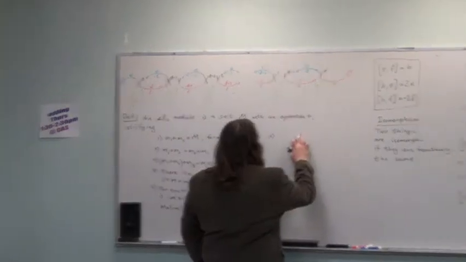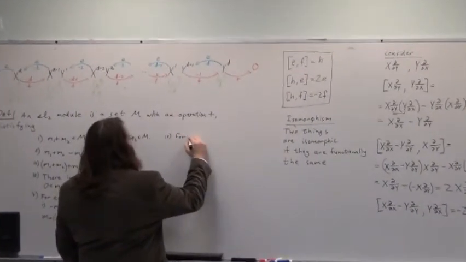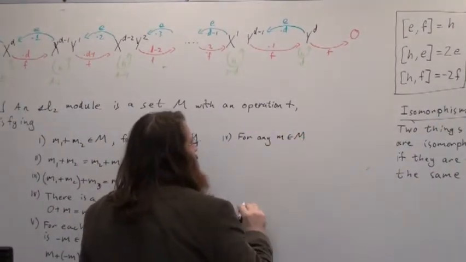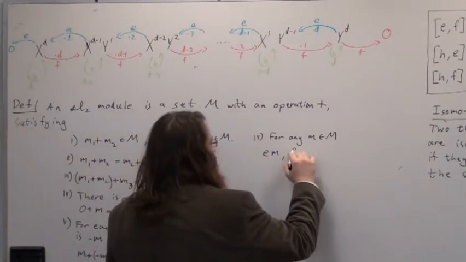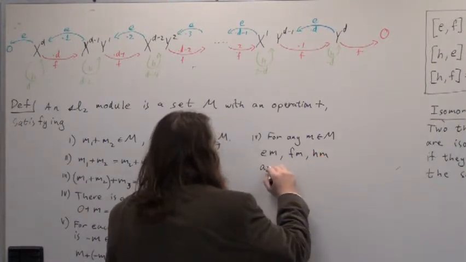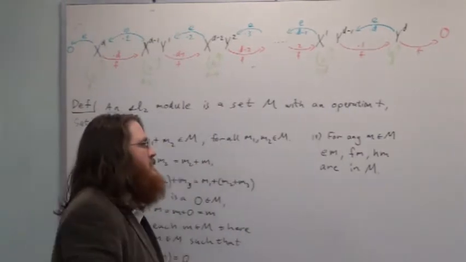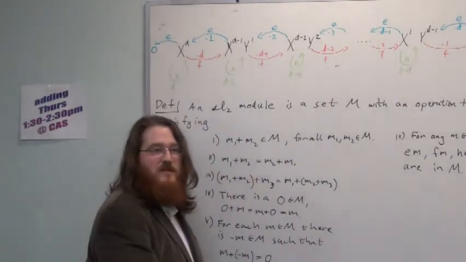So the fourth thing we want is that for any m in M, all of E times m, F times m, and H times m are in M. So I can multiply by my basic elements from SL2.